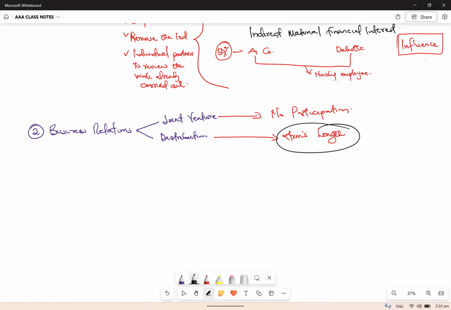Since it is not arm's length, it will affect independence. And so the safeguard is that you do not be their auditor. So you withdraw. In such cases, you withdraw.